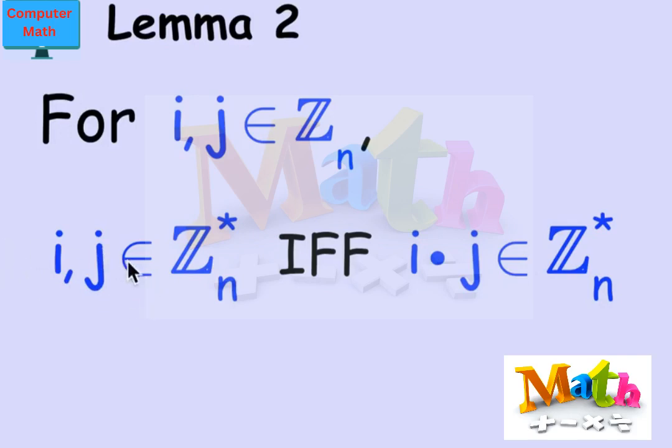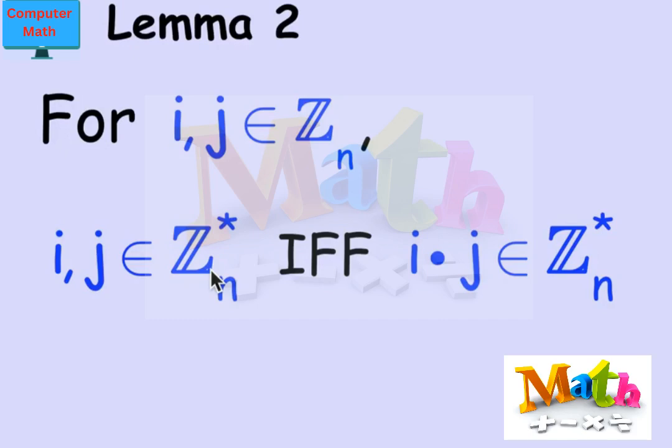If i and j are relatively prime to n, then so is their product, because if neither i nor j has a prime factor in common with n, then their product obviously doesn't have a factor in common with n. And then when you take remainders, it's still going to be a number whose GCD is the same. And so we have this remark that if you multiply two cancelable elements, you get a cancelable element. If you multiply two elements relatively prime to n, you get an element of Zn star.